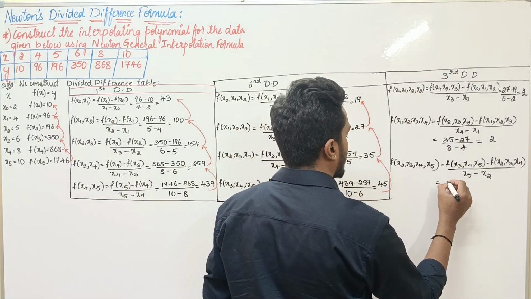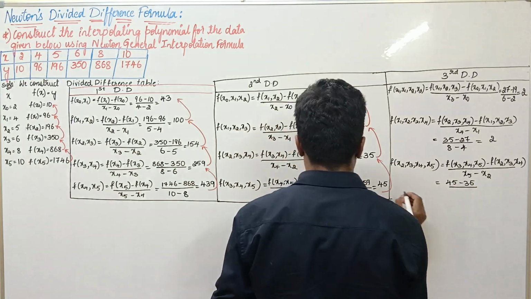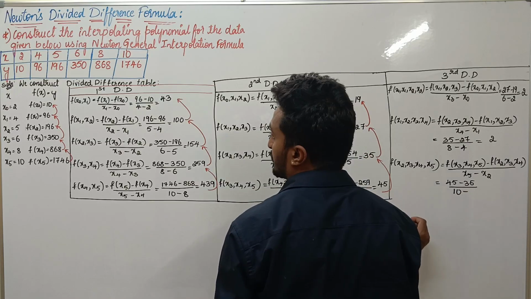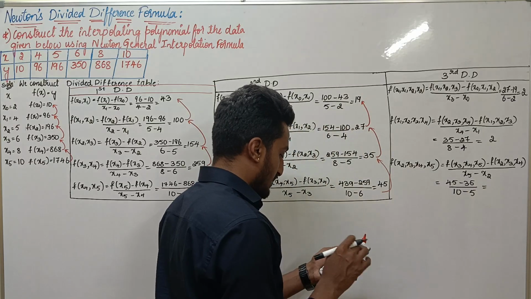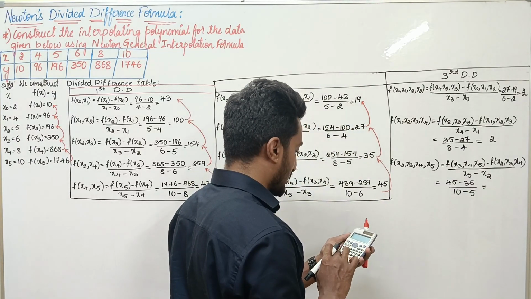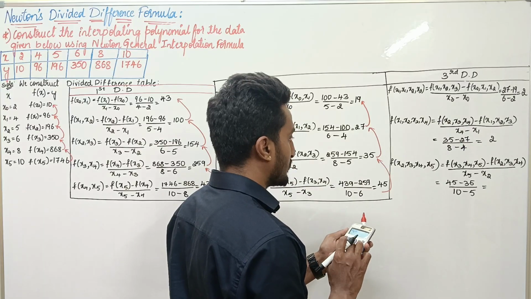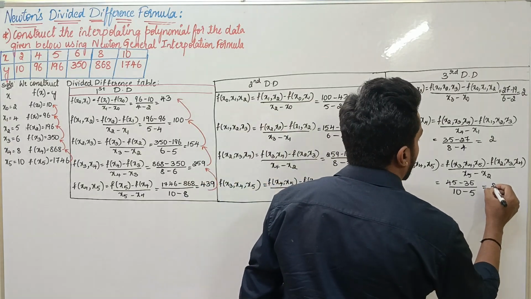That is 45 minus 35 divided by x5, which is 10, minus x2, which is 5. Simplify: 45 minus 35 divided by 10 minus 5, you get again 2. Okay, done.